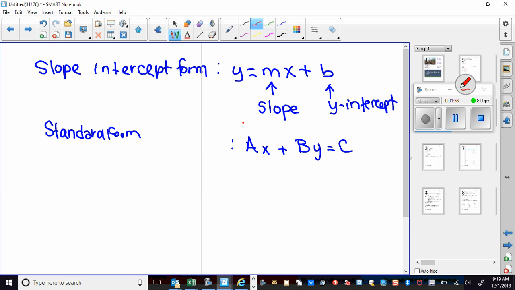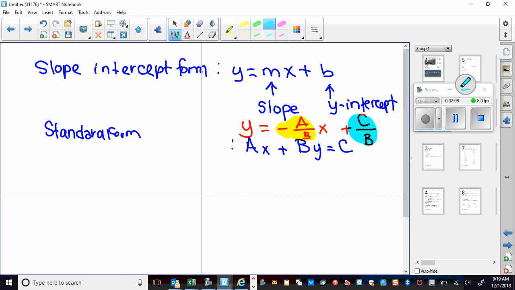What we'd end up with is another form of the slope intercept form, which is negative a divided by b times x plus c divided by b. So this becomes our slope and this becomes our y-intercept. Okay?